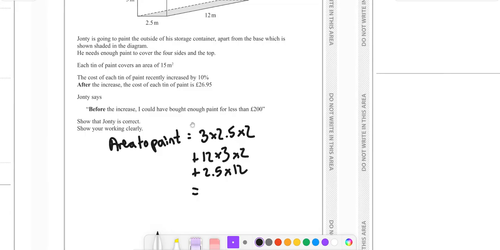And we can add all those up. That is 117. That is the area.